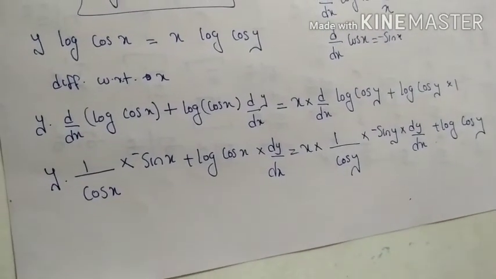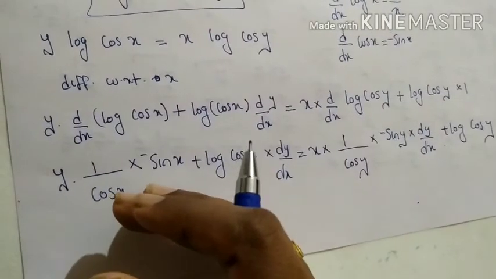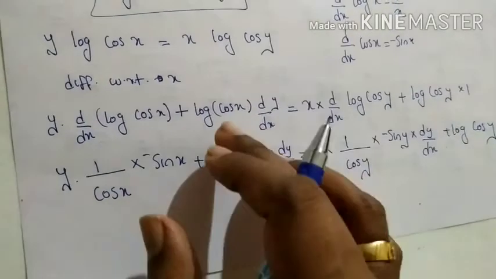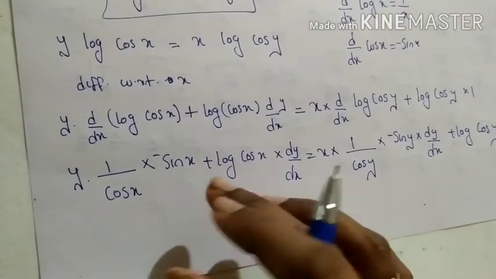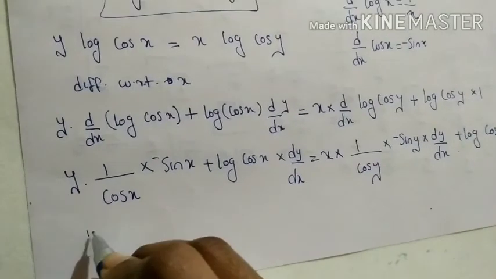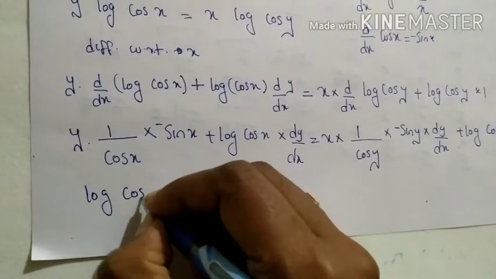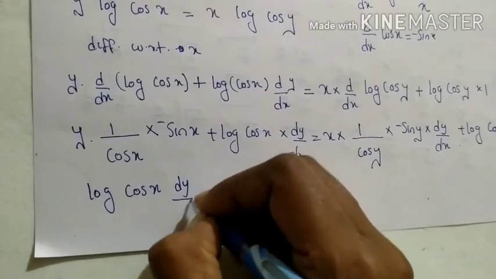We need only dy by dx, so taking all dy by dx terms to one side and all the other terms to another side, we get log of cos x into dy by dx.